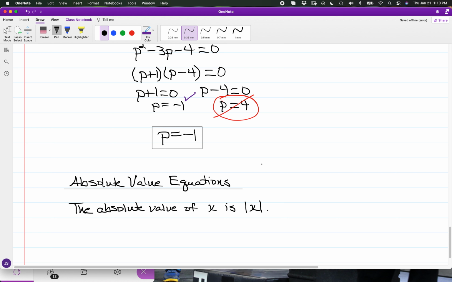Okay, and now by definition, the absolute value of x is going to be the number of integral steps that x is away from 0 on a number line.